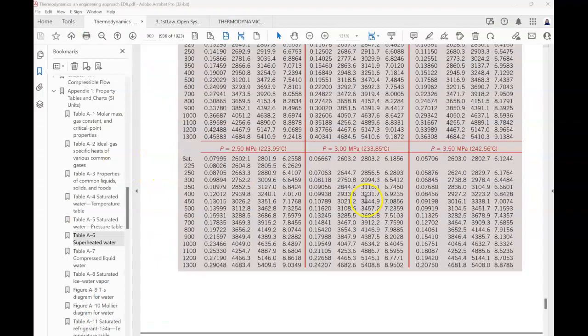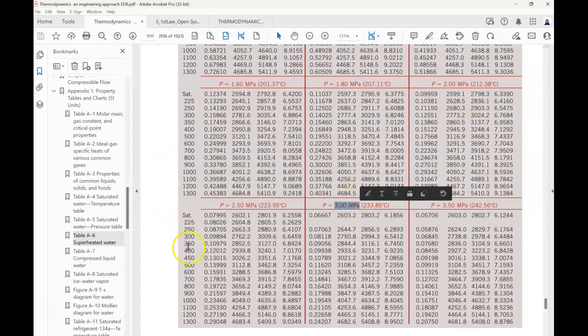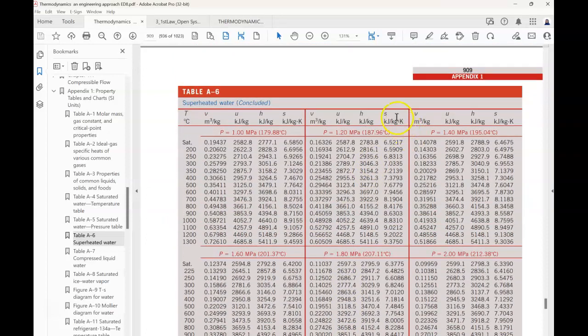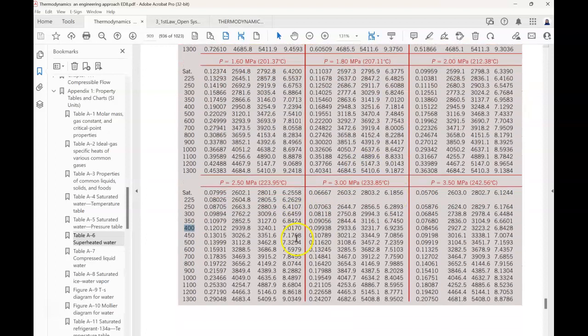In the property table over here, where we have 3 megapascal and 400 degrees C, we need our entropy value, which sits in the 4th column. So at 3 megapascal, 400 degrees C, the entropy value is 6.9235.